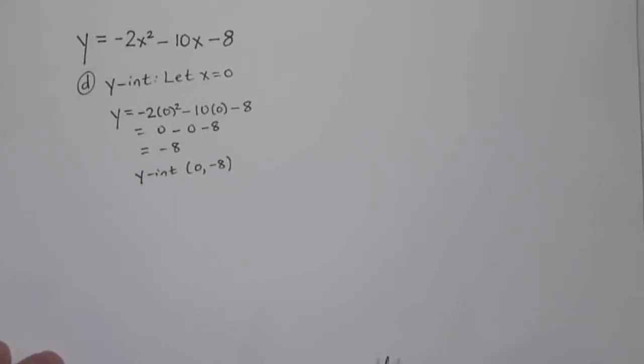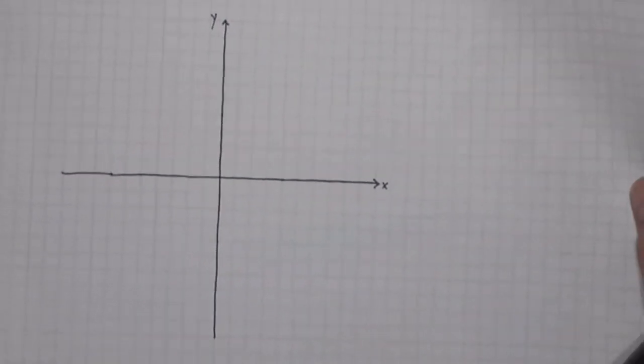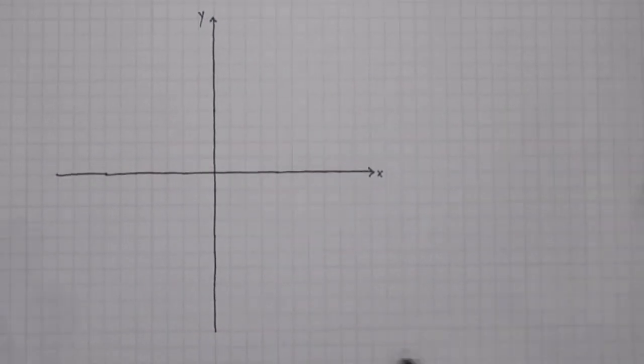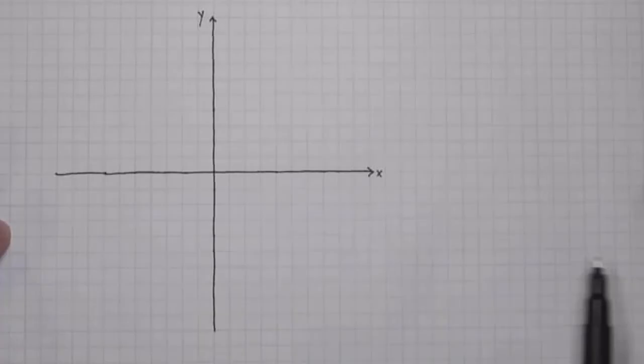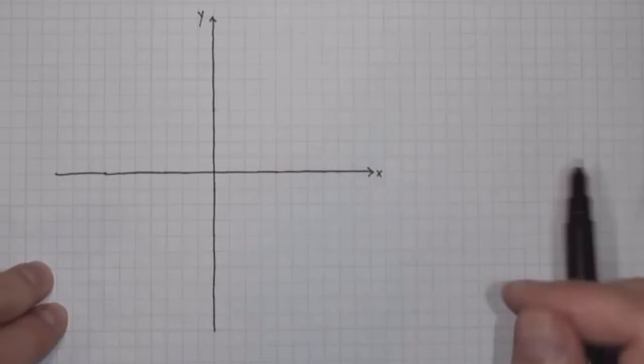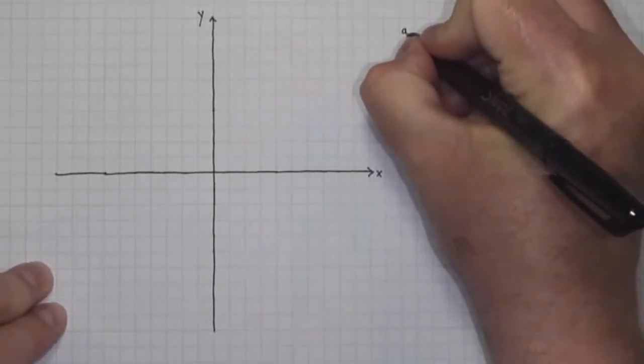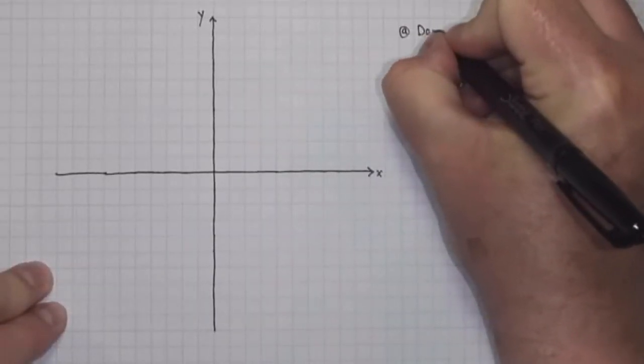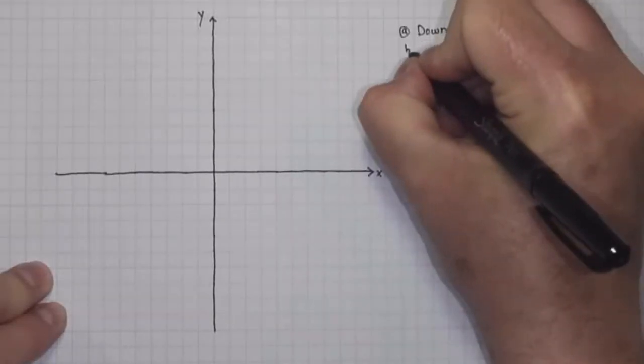So let's continue with part E on a piece of grid paper. So here I've drawn an x and y axis on a piece of grid paper. Let's just write down what we know. In part A, we found that our parabola is going to open down.